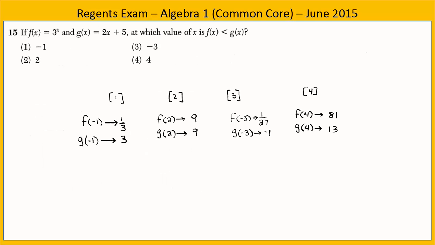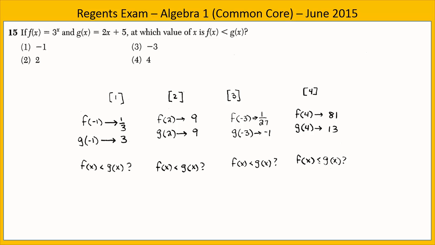In exercise 15, we're given two functions, f of x and g of x. At which value of x is f of x less than g of x? Substitute the values in and evaluate the function for each of the choices, f of -1, g of -1, f of 2, g of 2, f of -3, g of -3, and f of 4 and g of 4.